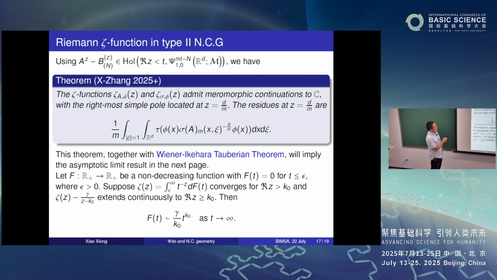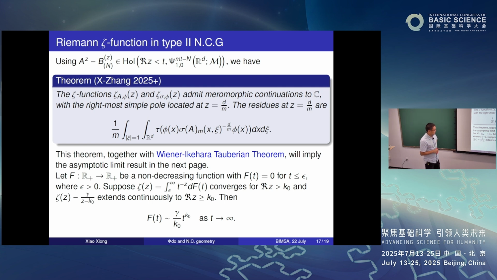So in order to look at the meromorphic continuation of this one, we just have to analyze the simple pole of this function. This will give us the result.